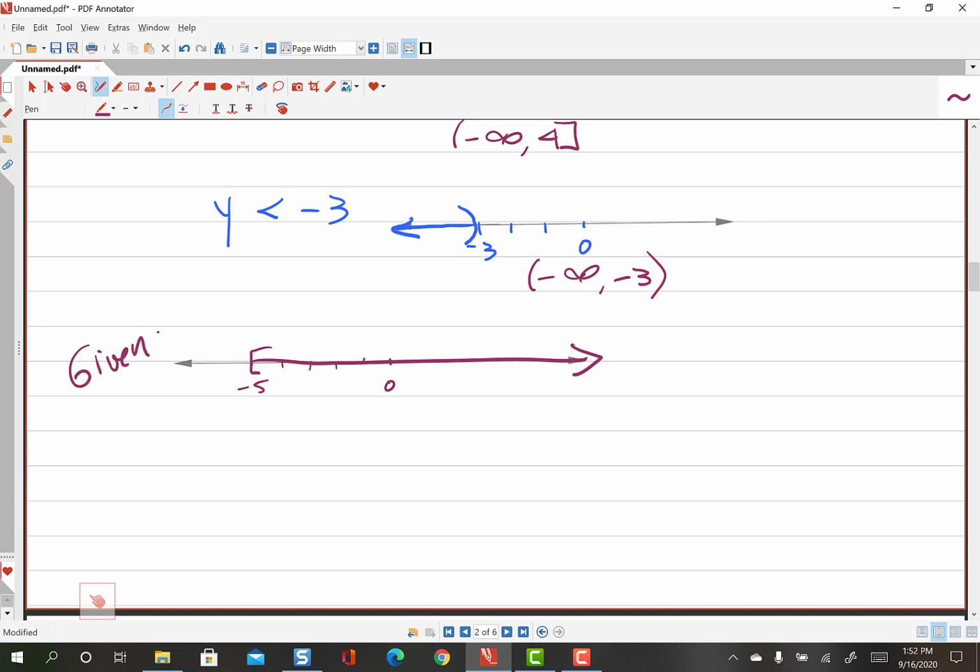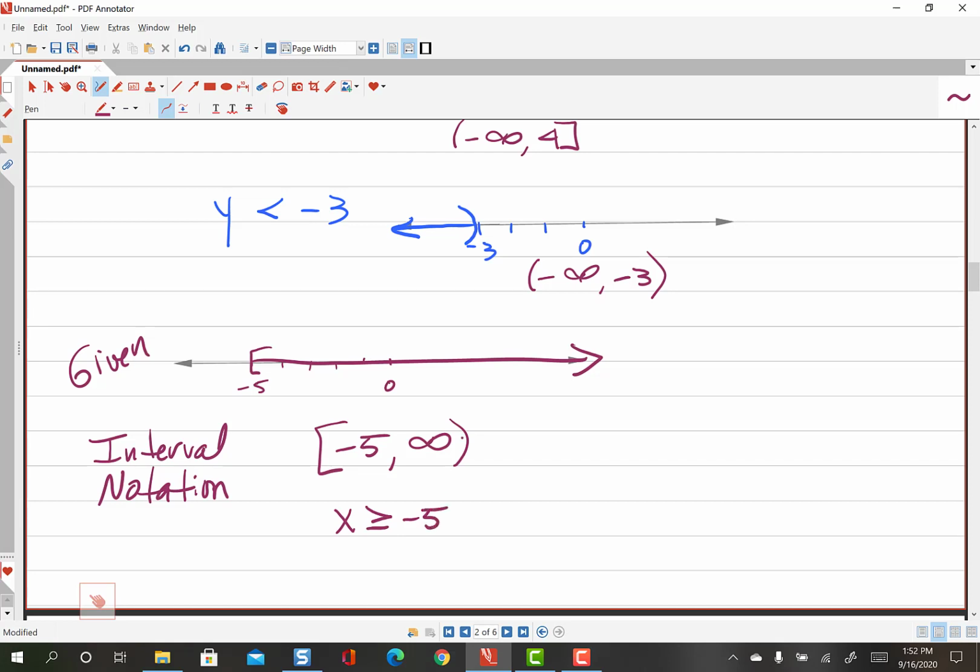If we were going to write the interval notation that would match this particular picture, well, I've got the -5. It's included because it's the square bracket. And we're going off to the right. So this is going to be from -5 onward to infinity. If I wanted to write the corresponding inequality that would go with it, I would have something like x, or whatever letter is your favorite today, is greater than or equal to -5.